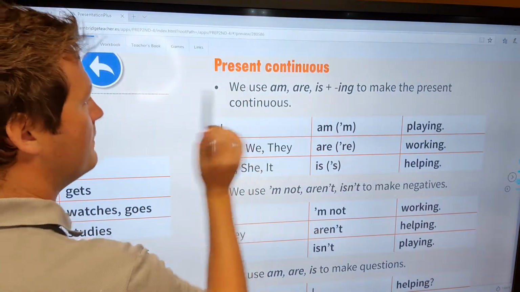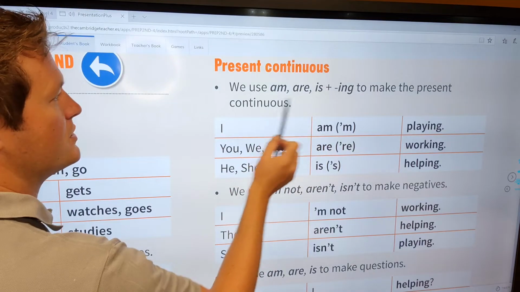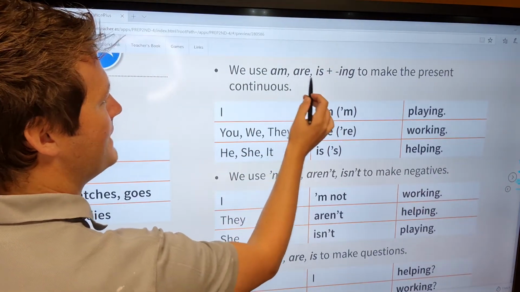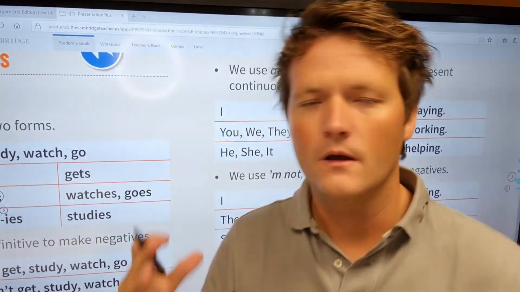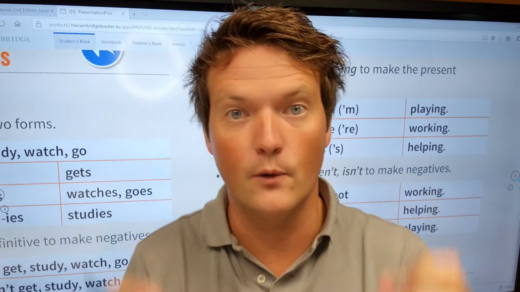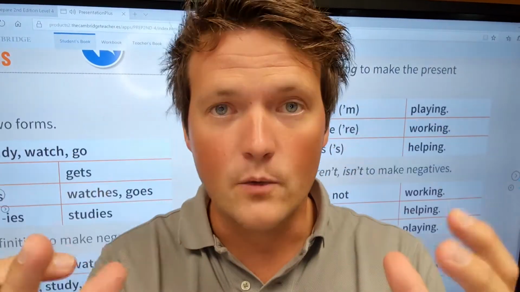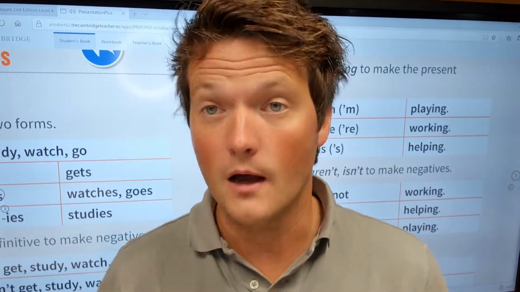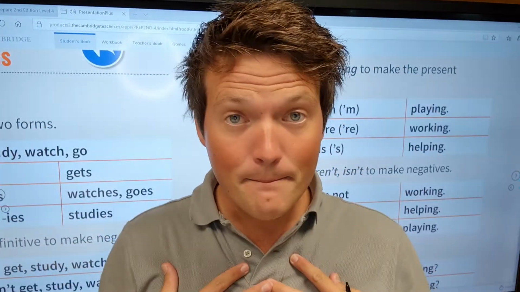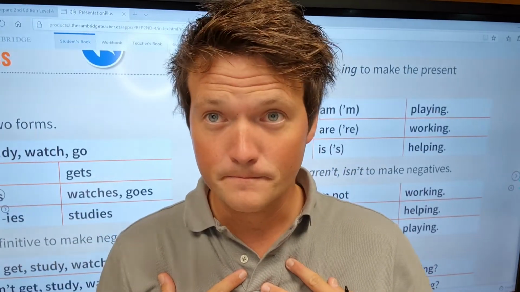So, the important thing first of all is the structure. So we use the verb to be, right? The verb to be, am, are, is. And so many people still get confused at B1 level. When do I use am? When do I use is? And when do I use are? The most simple way to remember is I am, right?